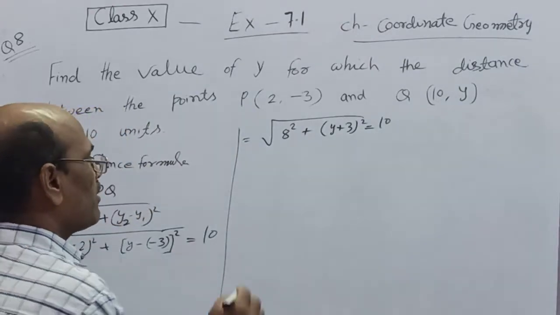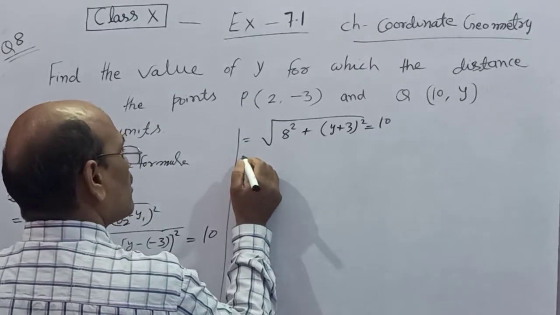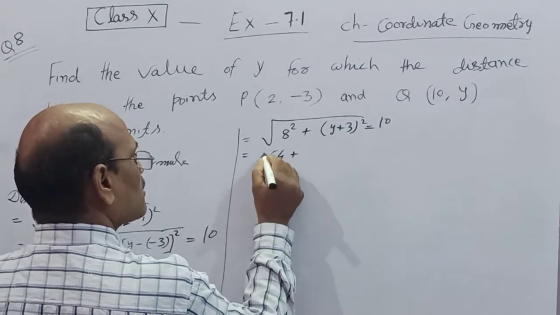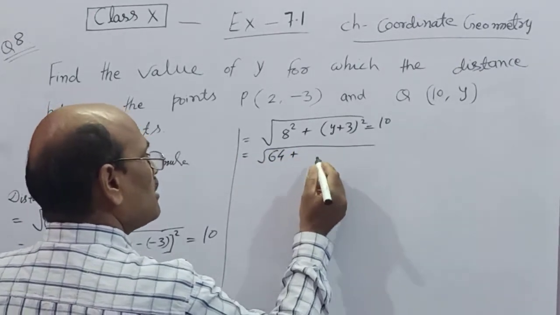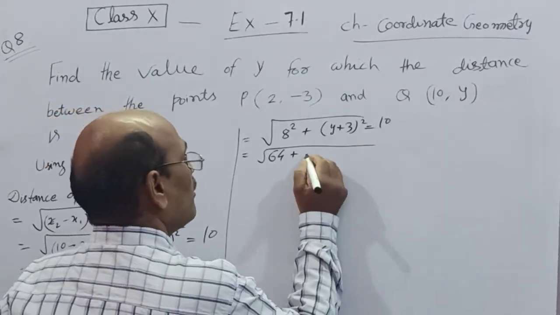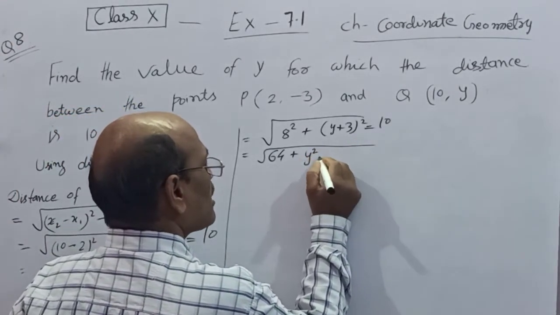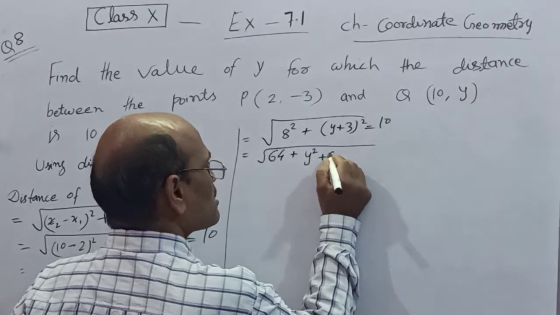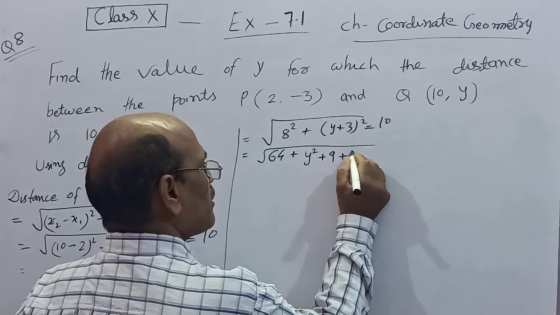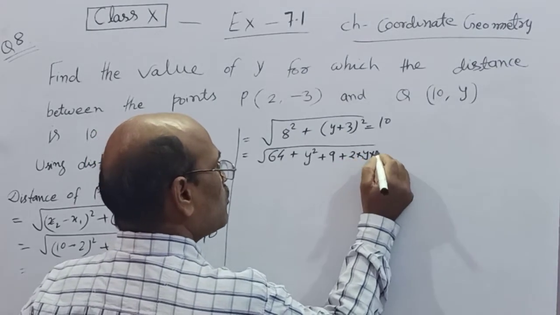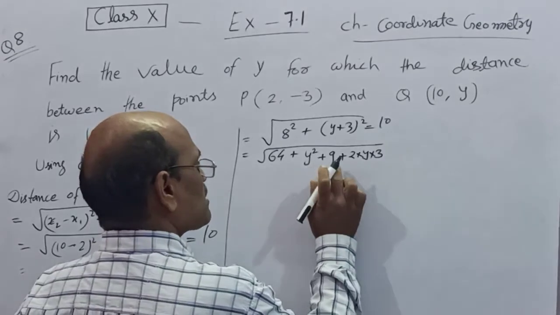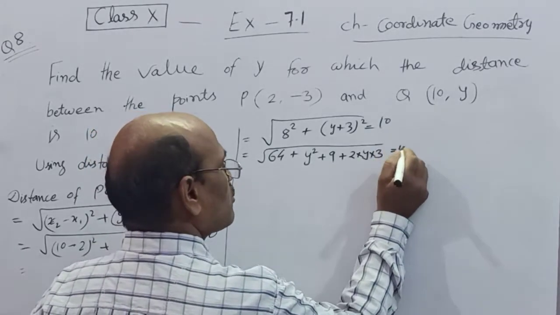Yes, and then opening the bracket, 8 square is 64, plus y square. This is using the a plus b whole square formula. Therefore we can write y square plus 3 square, which means 9, plus 2 into y into 3, just like a square plus b square plus 2ab, is equal to 10.